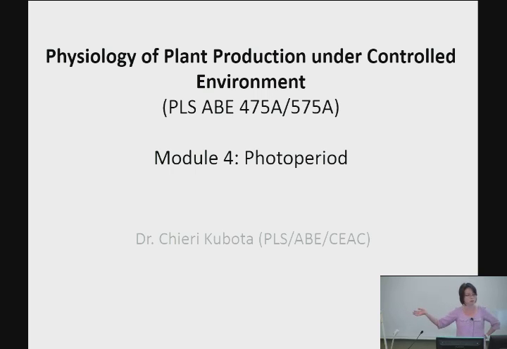Outside in the field, photoperiod always comes with temperature. When temperature is high, usually long day. When temperature is low, usually short day, winter time. So you really cannot separate photoperiodic response and temperature response.